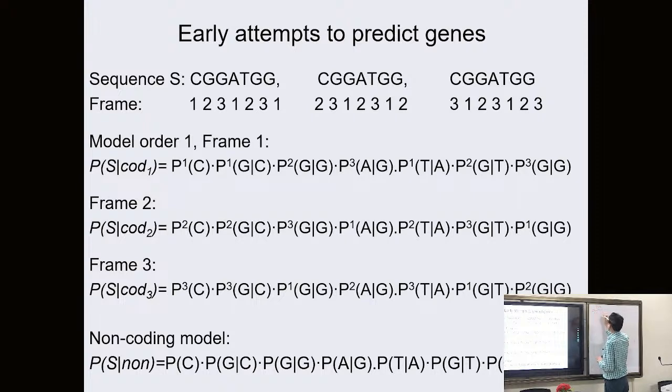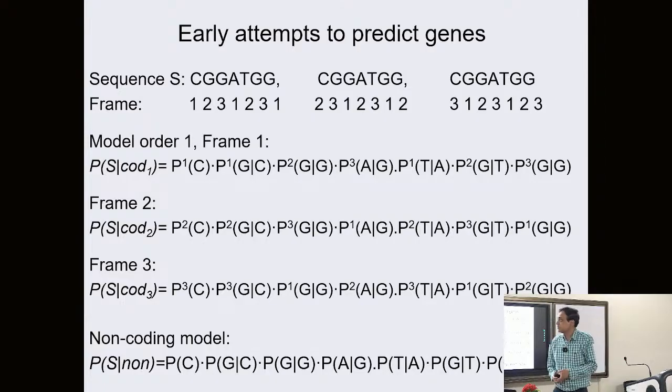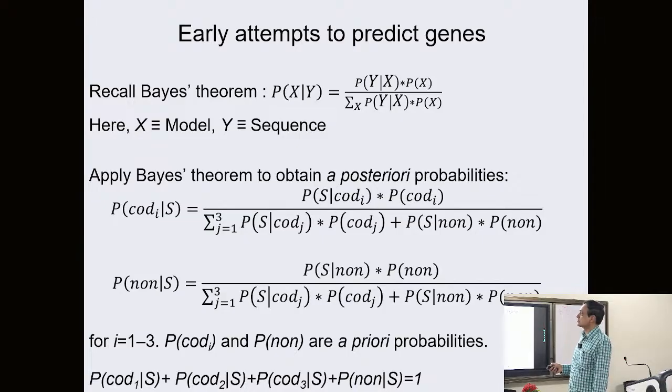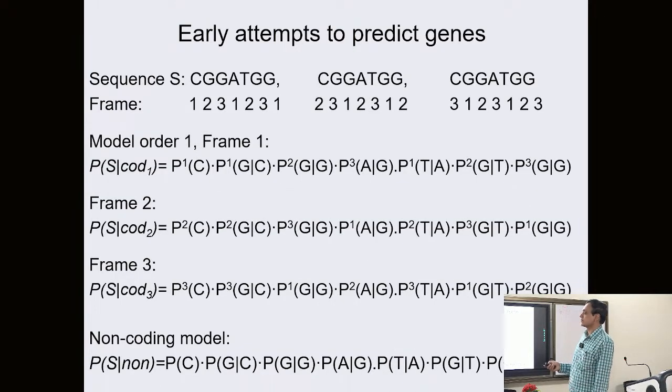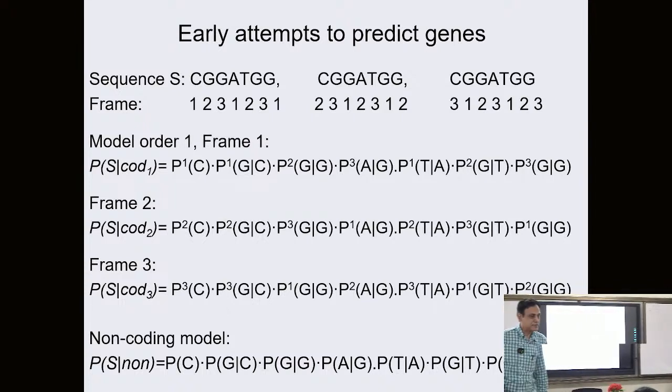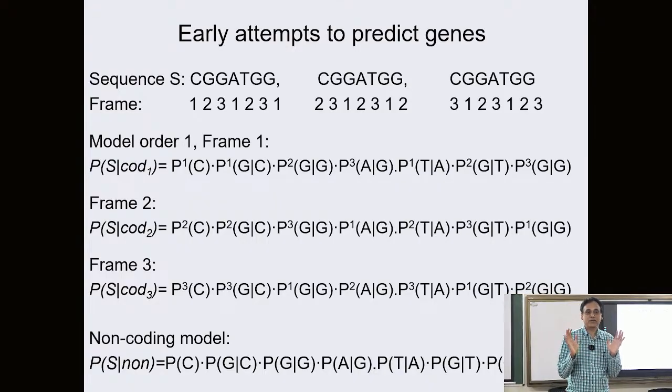Then next it was moved, and the probability of the sequence within the window to be protein coding in frame 1, frame 2 and frame 3, and the probability to be non-coding were computed and plotted. These were then integrated within a pattern recognition algorithm. That was the third step.